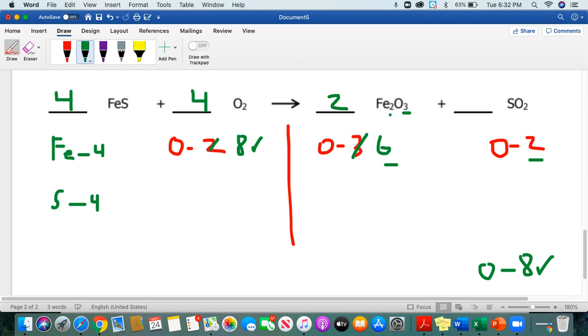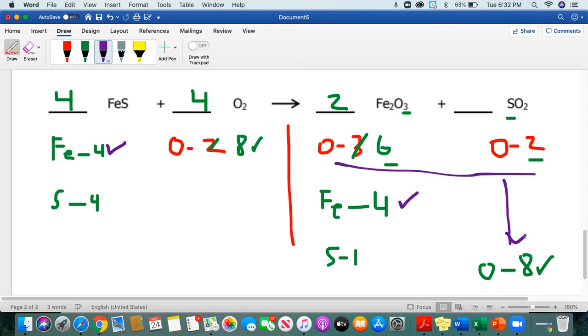So here I have 4 iron because I went 2 times 2, right? And the only one we're missing is the sulfur. I haven't listed that here. I have 1 sulfur. Okay, so we notice everything kind of checks out. This is balanced. This is balanced. My oxygens are balanced, right? Because my oxygen is down here. I added these two to give me that number.